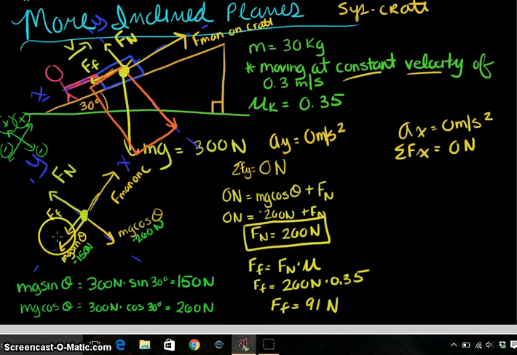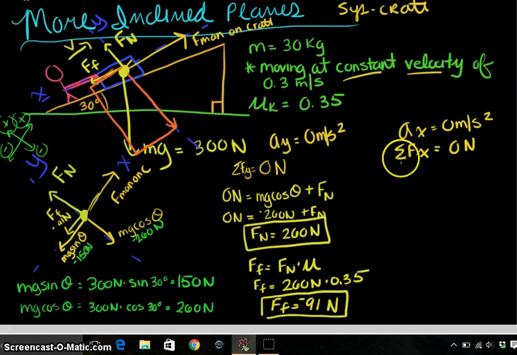In the picture here, I have the frictional force going to the left, which is the negative direction for me, so I'm going to have this as a negative 91 newtons.